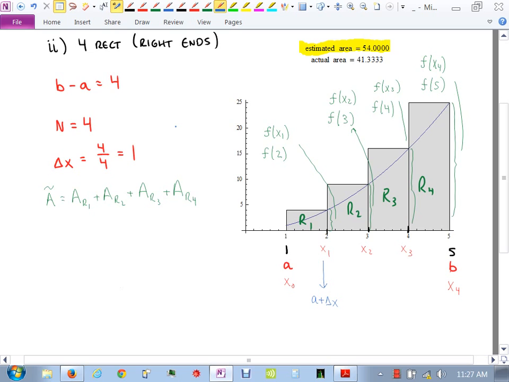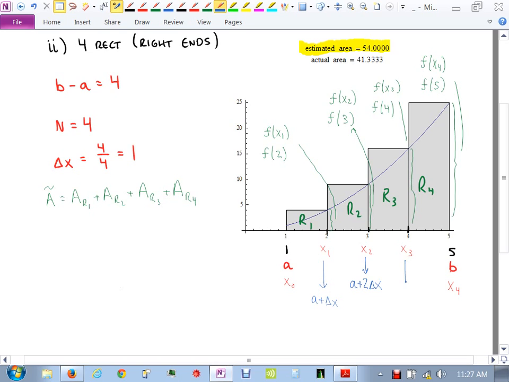No? Okay, what about x2 then? Exactly. x2 is a plus 2 of the delta x's. So to get to x2, what I do is I start at a and then I add 2 jumps, right? 2 rectangle jumps will get me to the x2. See it?